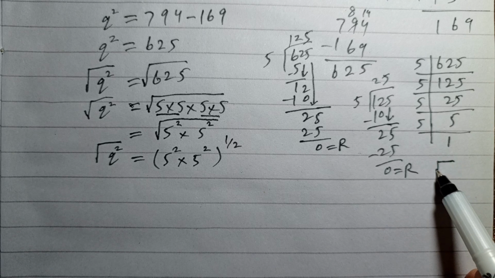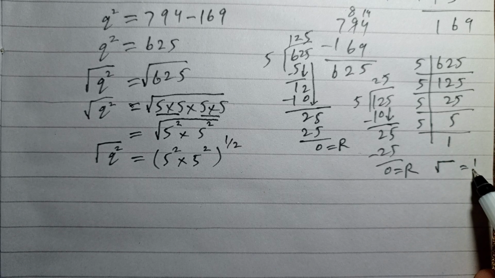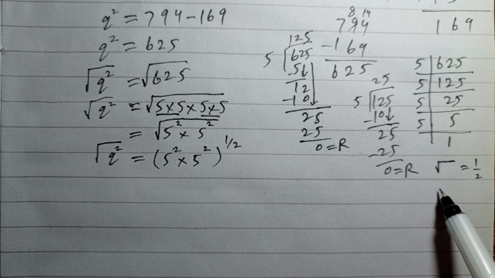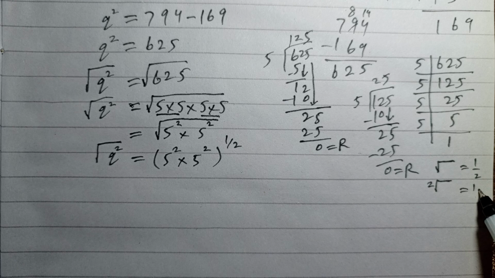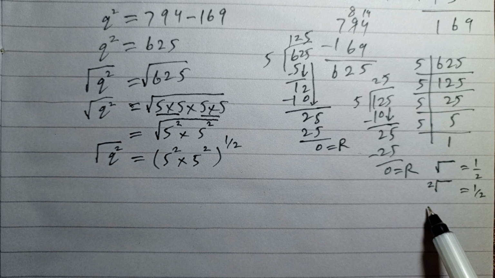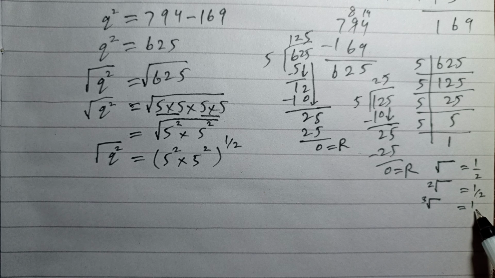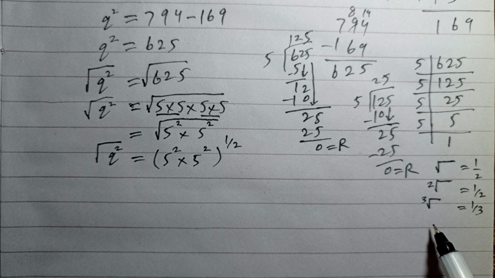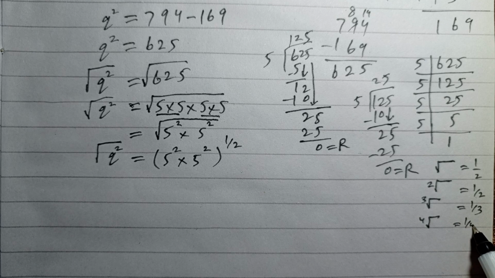square root, this sign, means 1 over 2, and if there is 2 here, you will also call it 1 over 2. If there is 3, you will write here 1 over 3. If there is 4, you will write 1 over 4.